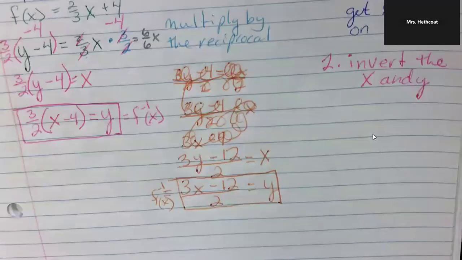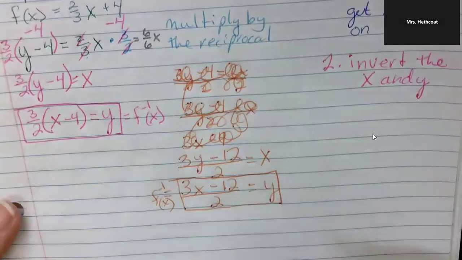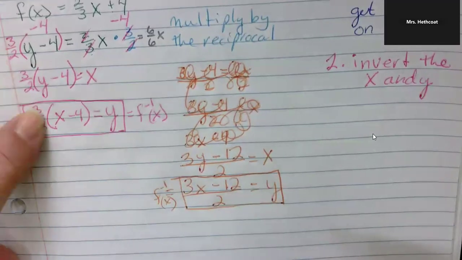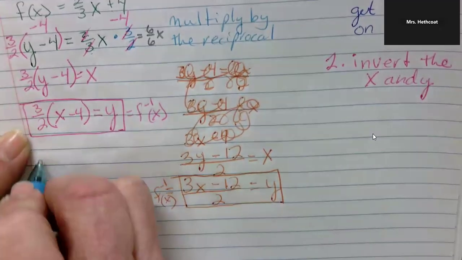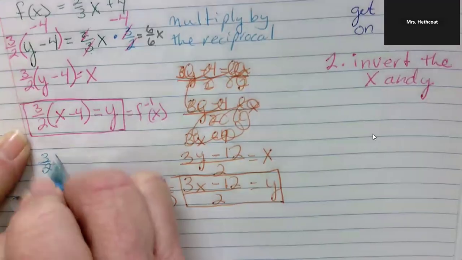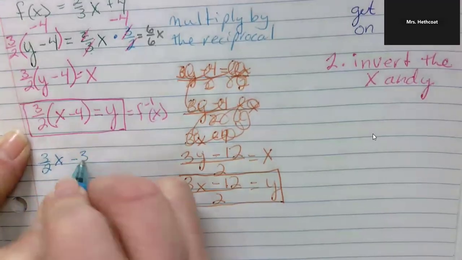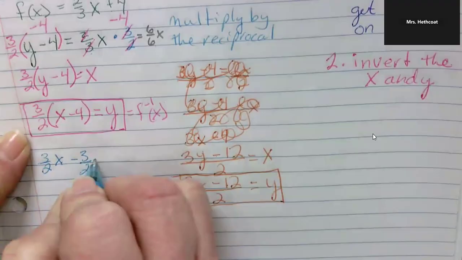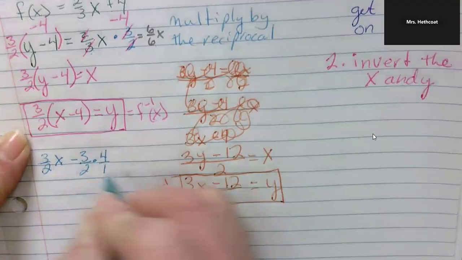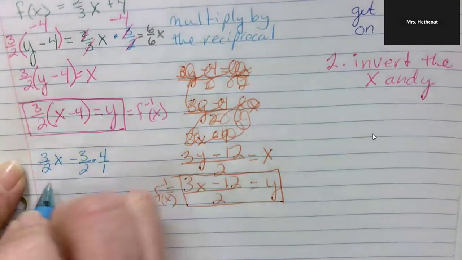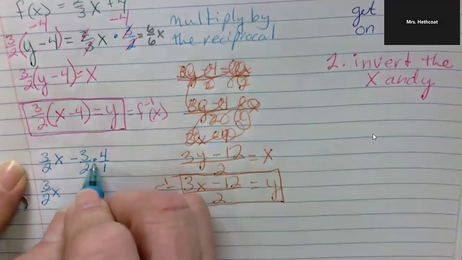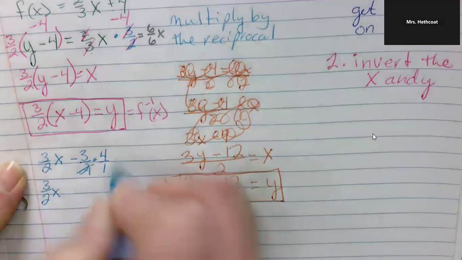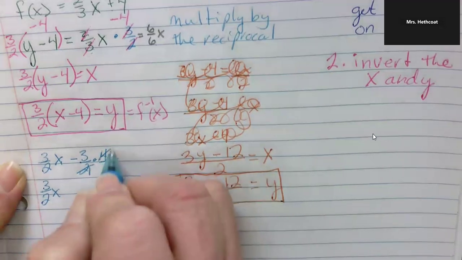One other way you could have done it as well would be if you thought you needed to distribute that 3 over 2 times everything inside. So 3 over 2 x minus, and then we'd have 3 over 2 times 4 over 1, and we'll have to figure that out. So we keep the 3 over 2x. 2 divided by 2 is 1. 4 divided by 2 equals 2.